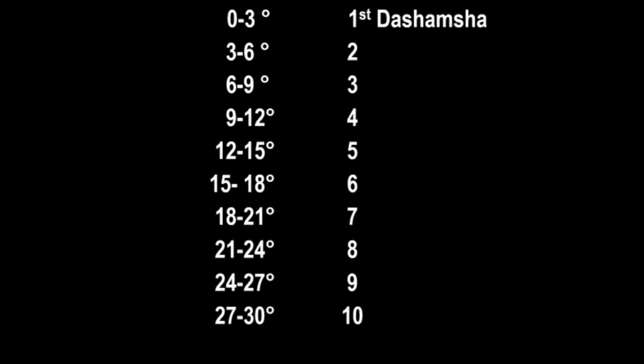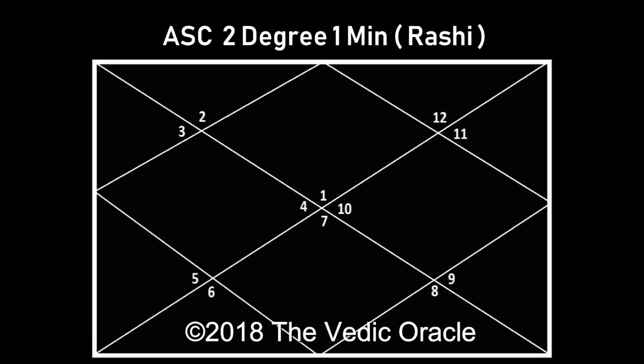In the same way, we can count till the 10th Dashamsha. So the 10th Dashamsha is from 27 degrees to 30 degrees. For odd signs like Aries, Gemini, Leo, Libra, Sagittarius and Aquarius, the first Dashamsha falls in the same sign.